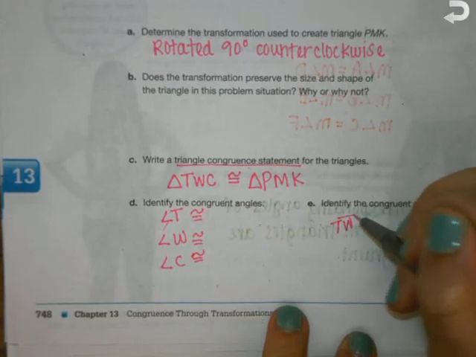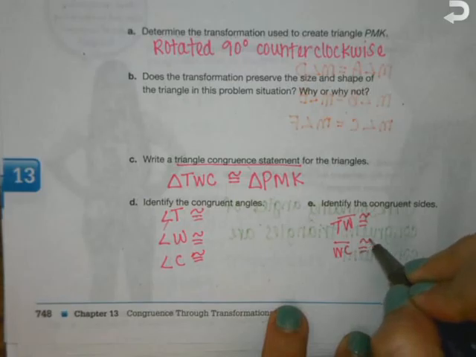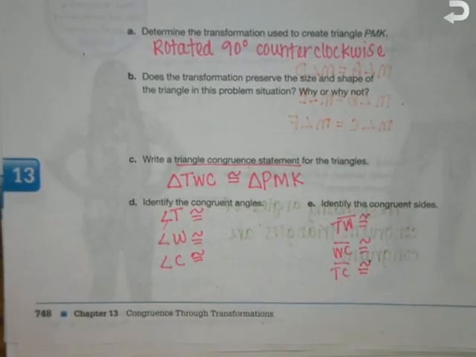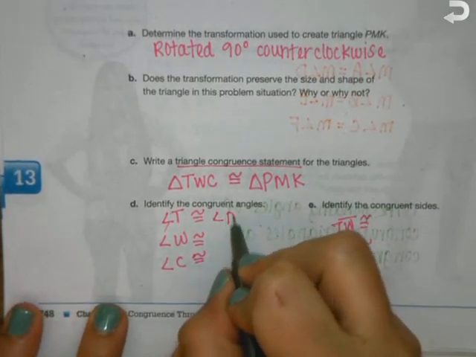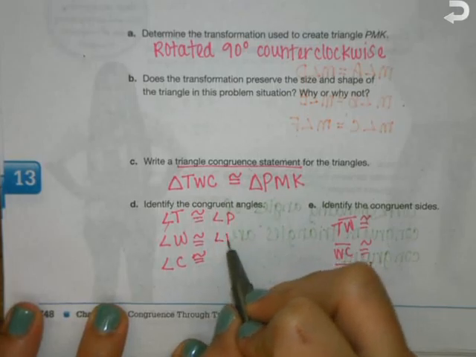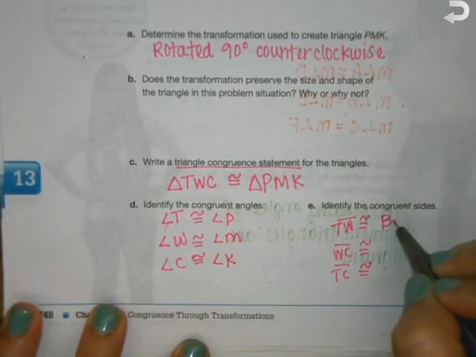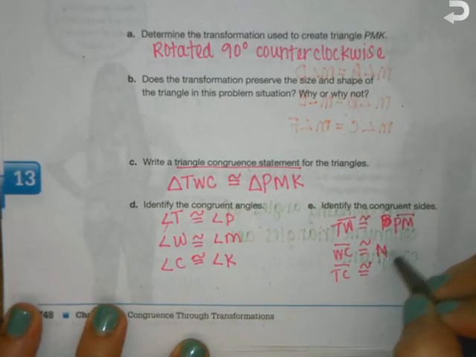Segment TW is congruent, segment WC is congruent, and segment TC is congruent. And then I'll let you check your answers. Angle P, angle M, angle K, PM, MK, and PK.